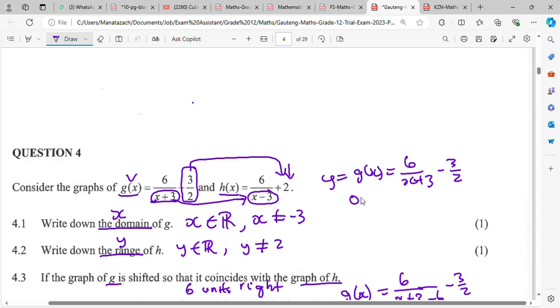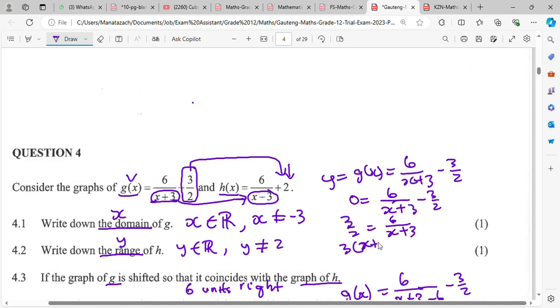So if you set y is equal to 0, you'll have 0 on the left hand side, then on the right hand side 6 over x plus 3 minus 3 over 2, and then you'll take 3 over 2 over to this side, then you'll remain with 6 divided by x plus 3. From here on you can just cross multiply.